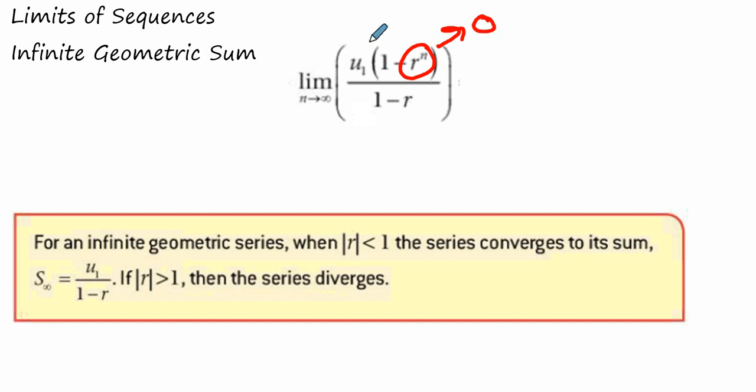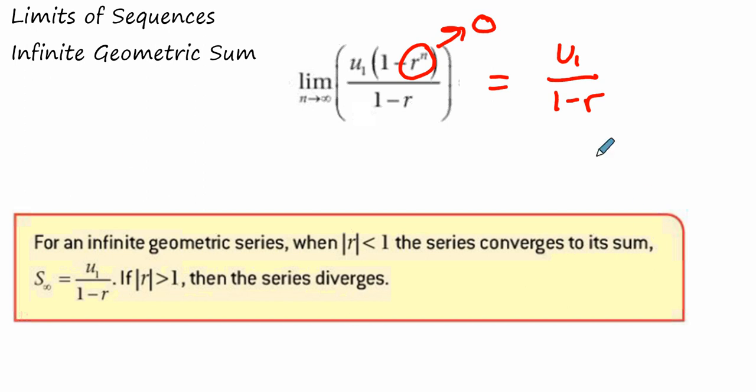So therefore, the limit as n approaches infinity of this function is just u sub 1 times (1 minus 0), which is 1, over 1 minus r. That's what the infinite sum equals, because we're looking at the limit as n approaches infinity. We just talked about it like, hey, this is what it approaches, but it actually is that value. If I were to add up the infinite sum, it equals this value because we're taking a limit.